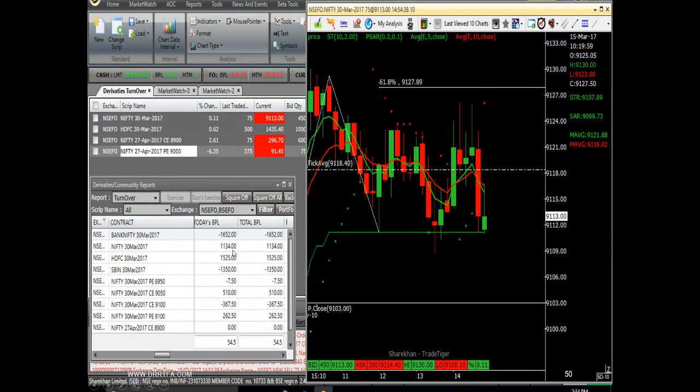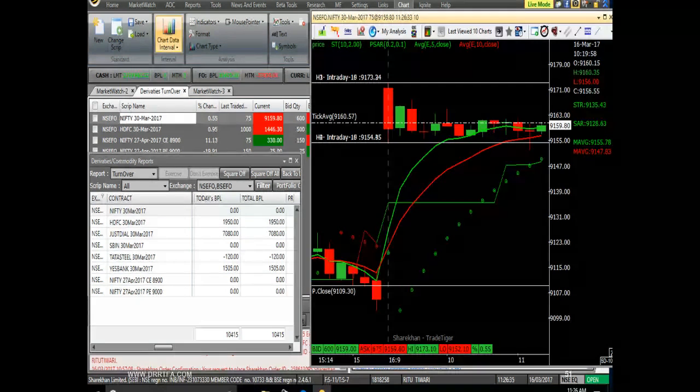In Nifty, I made 1,134. HDFC, 1,525. Because the market was in very erratic conditions, few of my stop losses were hit. But somehow I managed to keep that loss as low as I could.